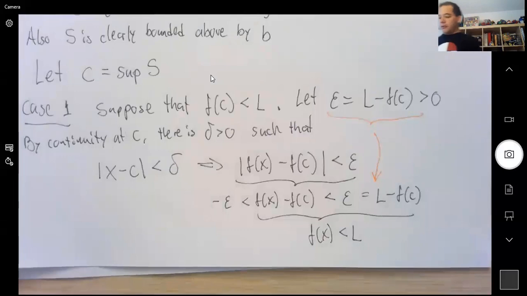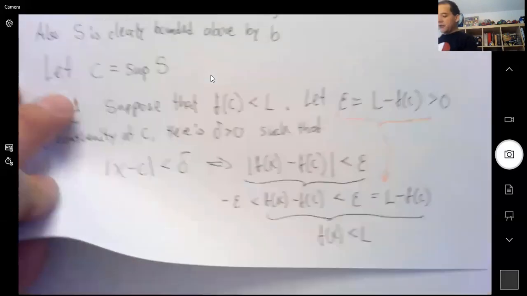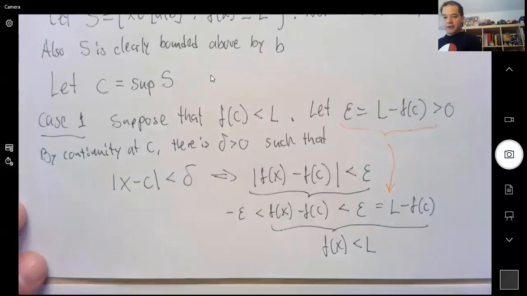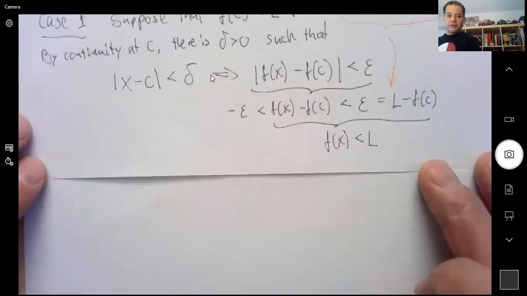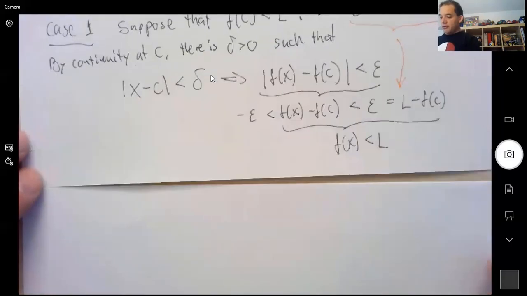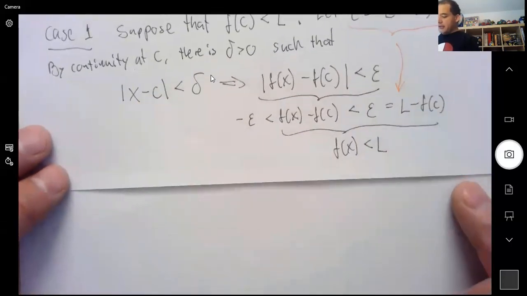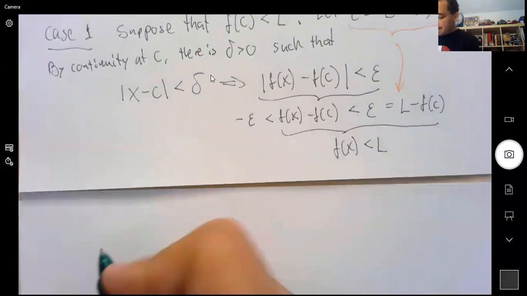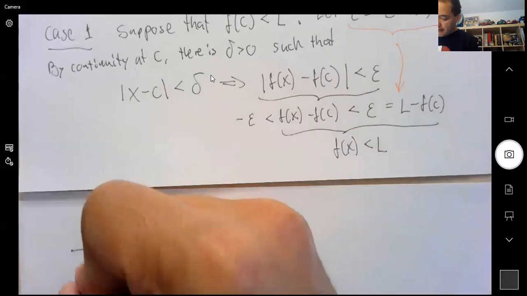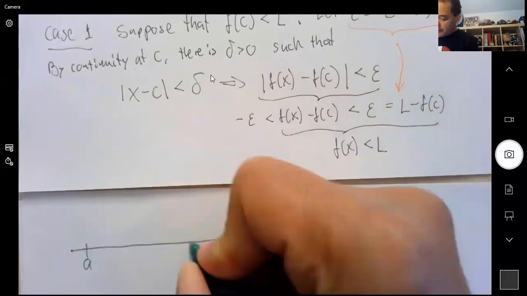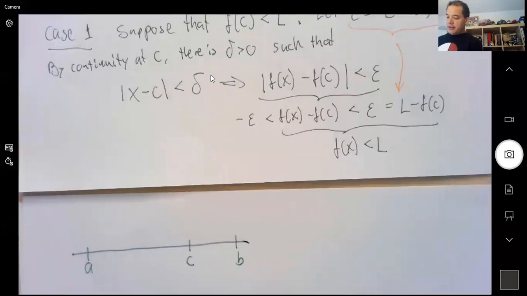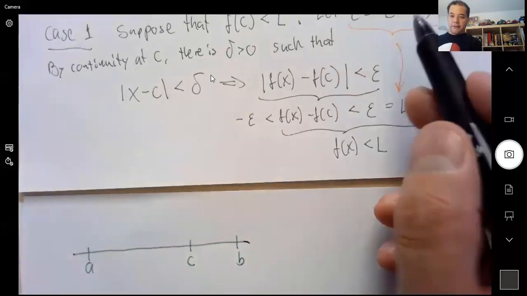Maybe it's time to draw a little bit of a picture of our situation. Here's A and here's B, and somewhere in there is C. And we're using as our epsilon L minus f of c.